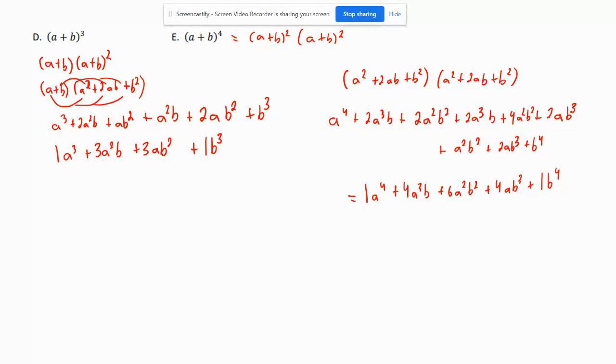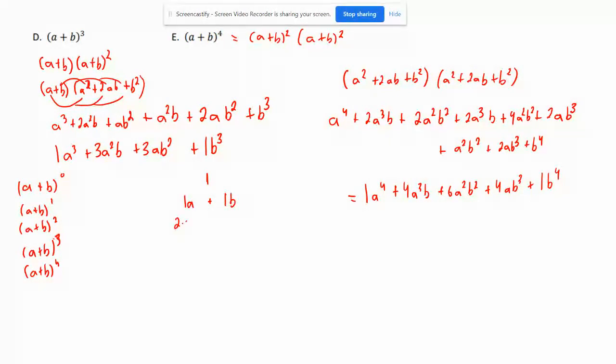So what we're going to do here is rewrite these over here. We had a plus b to the 0, a plus b to the 1, a plus b squared, a plus b cubed, and then the last one was a plus b to the fourth. This answer over here was 1. This answer was 1a plus 1b.